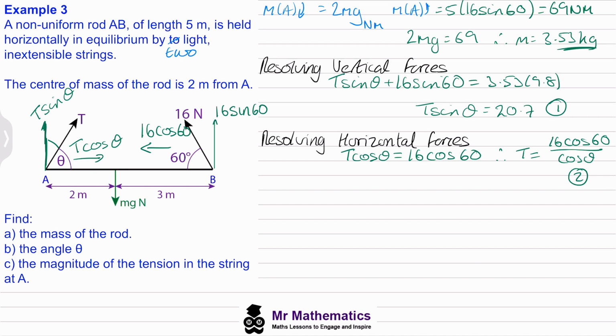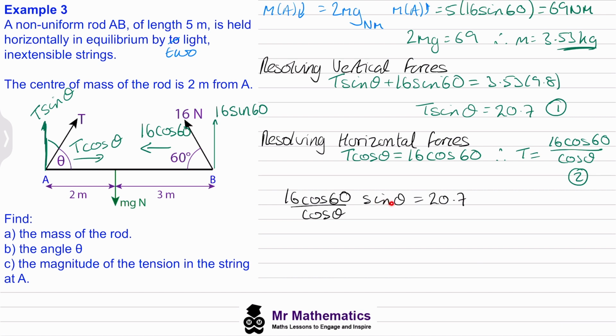So now all we need to do is substitute this value of T into our equation 1 up here. So if we substitute this into here, we have 16 cos 60 over the cos of theta multiplied by sine theta will equal 20.7.